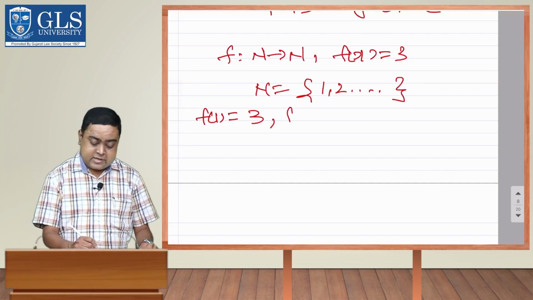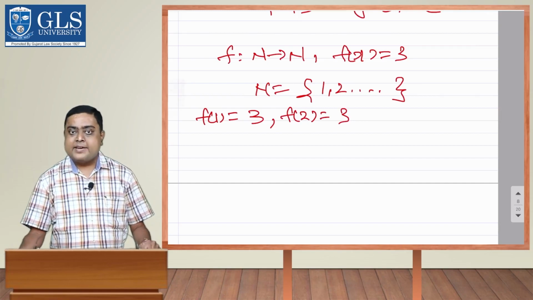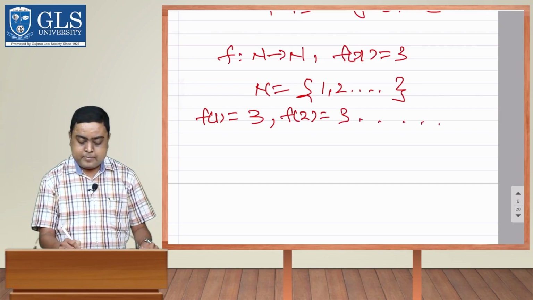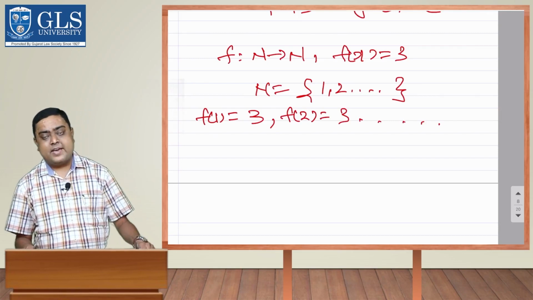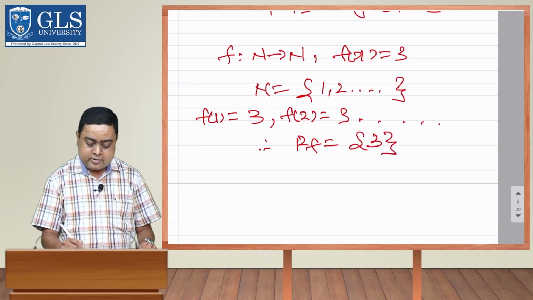Now I take x equal to 2. I get the same image 3. So for all the values of x, we are getting the image equal to 3. So I write the range of this function is {3}.